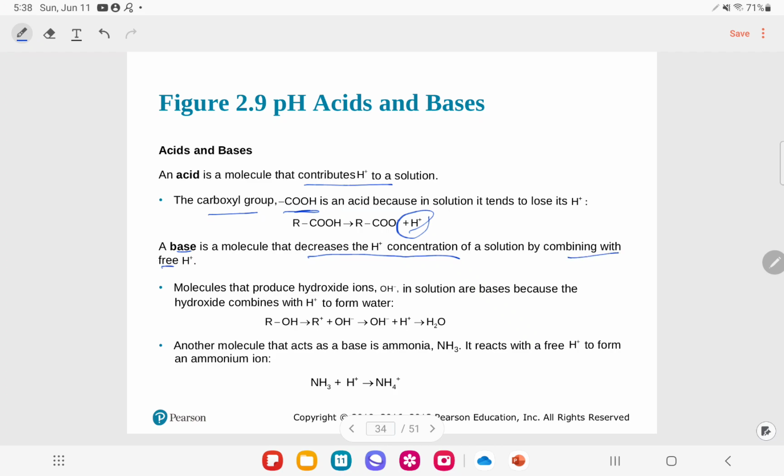For example, molecules that produce hydroxide ions in solution are bases, because the hydroxide ion can combine with a free hydrogen ion to form water. Another molecule that acts as a base is ammonia, NH3. NH3 will react with a free hydrogen ion to form ammonium.